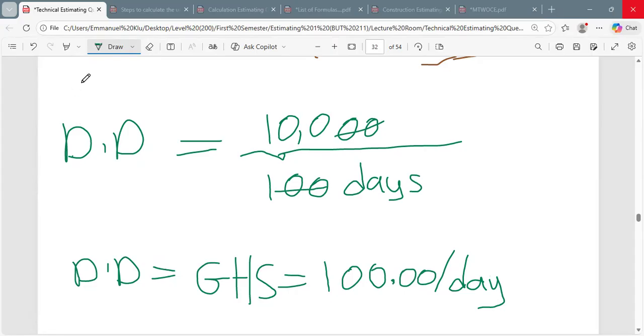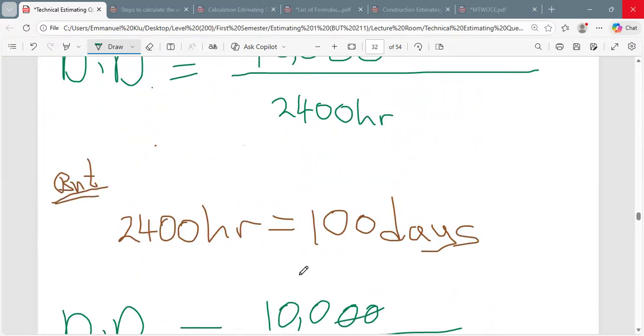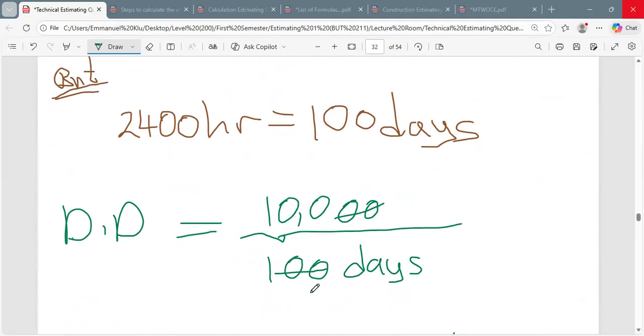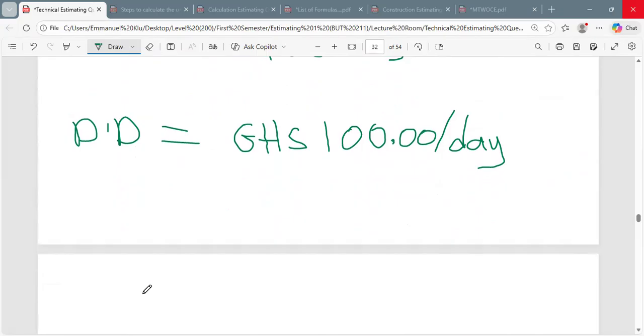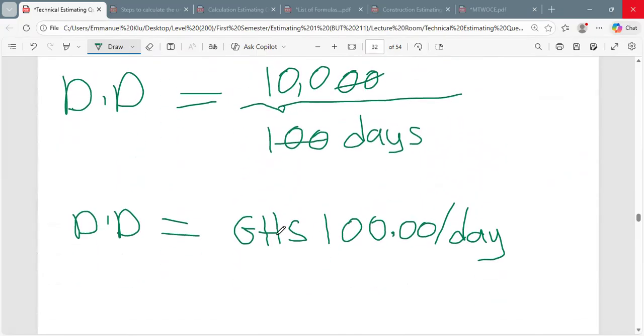Here too, I made a mistake over here. So this is equal to this. So this is the answer for our daily depreciation, per day.